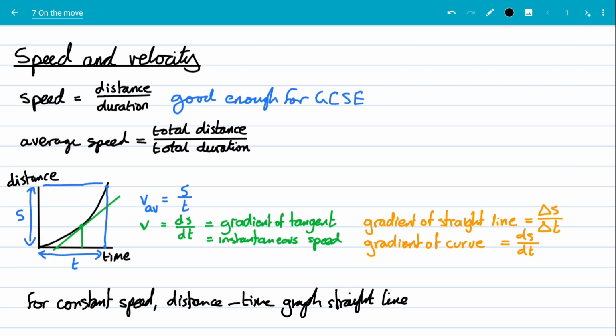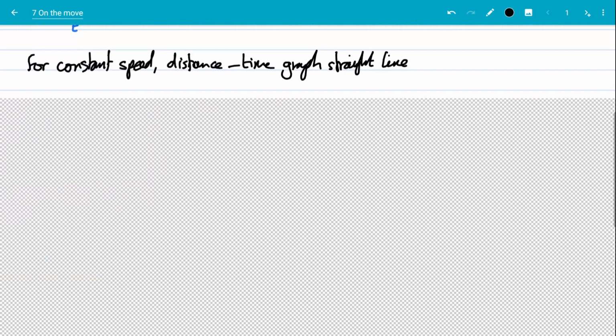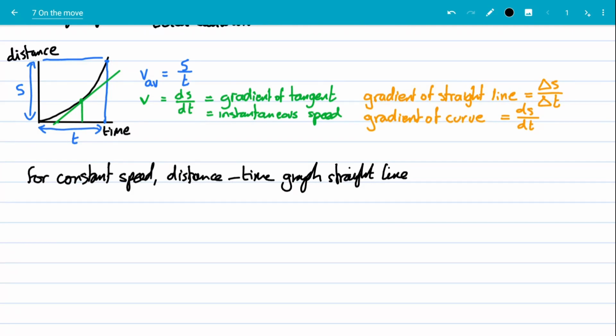That's what we'd expect to see. And we can get that in a couple of ways. One way we can get a constant speed is by having something just moving in a straight line and having no resultant force on it. However, we could have a situation where we've got a constant speed and there is actually a resultant force acting on it.